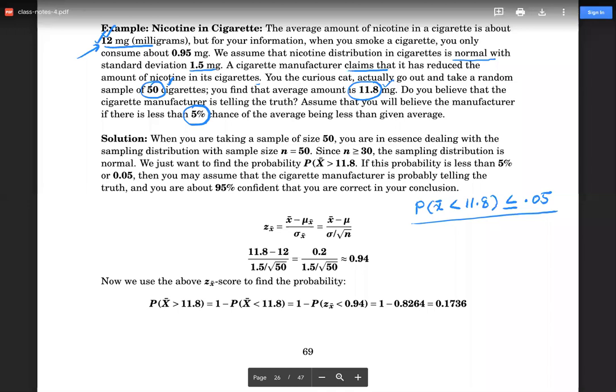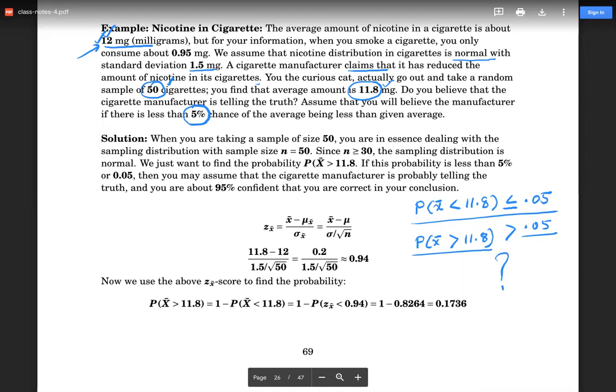Whereas if the probability of X bar greater than 11.8 is greater than 5%, then maybe we will question the manufacturer's claim. We will question the manufacturer's claim. That's what it is.